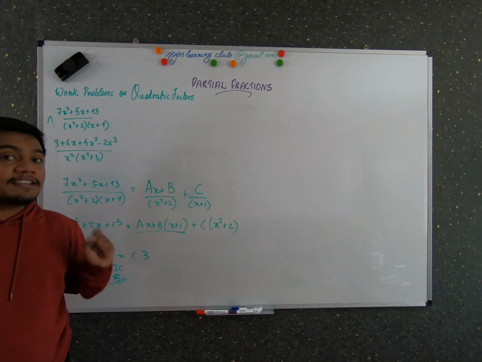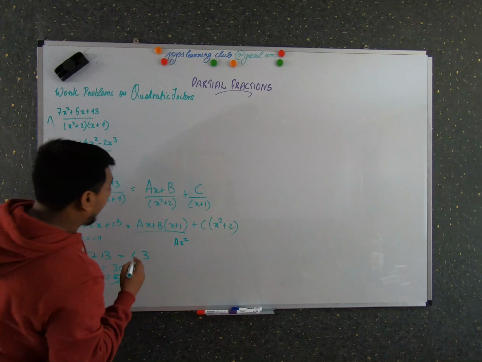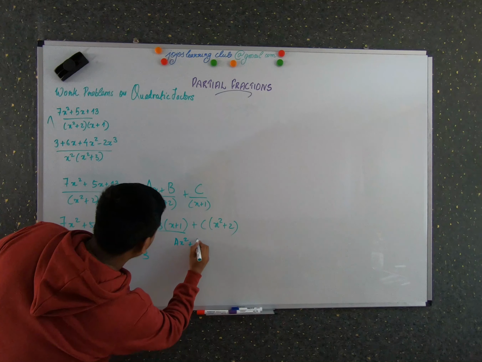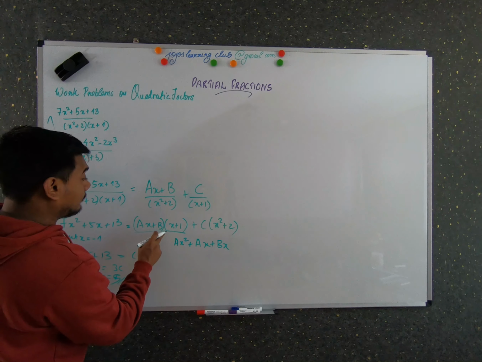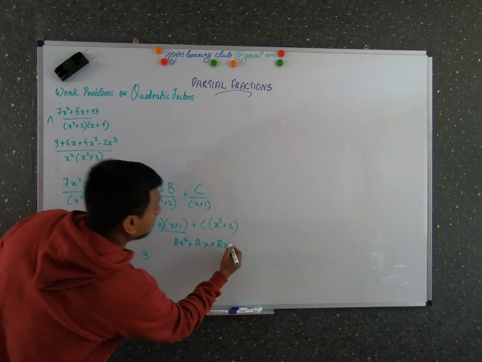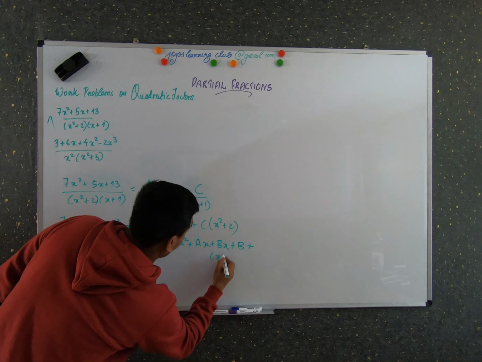For that, please simplify this formula. ax into x is ax square, plus ax, again ax plus bx, then bx plus b, plus cx square plus 2c.